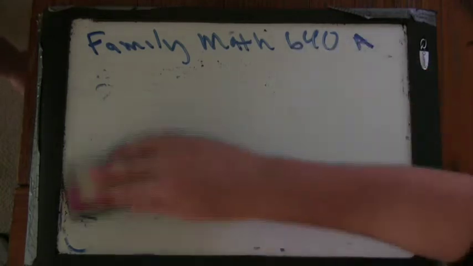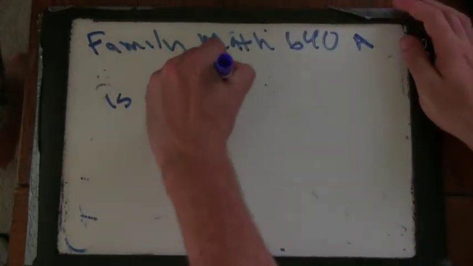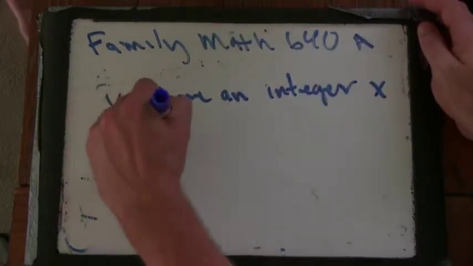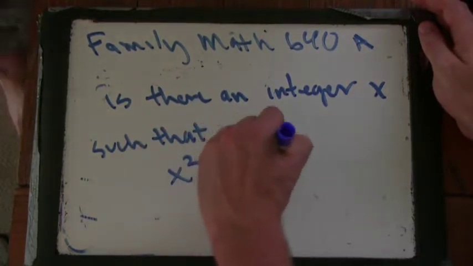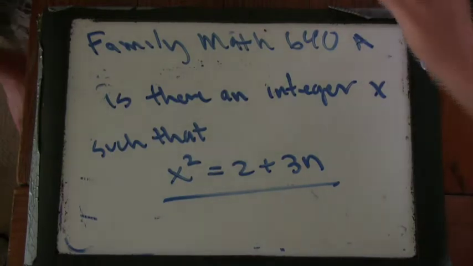So is there an integer x such that x squared equals 2 plus 3n? So that's our question.